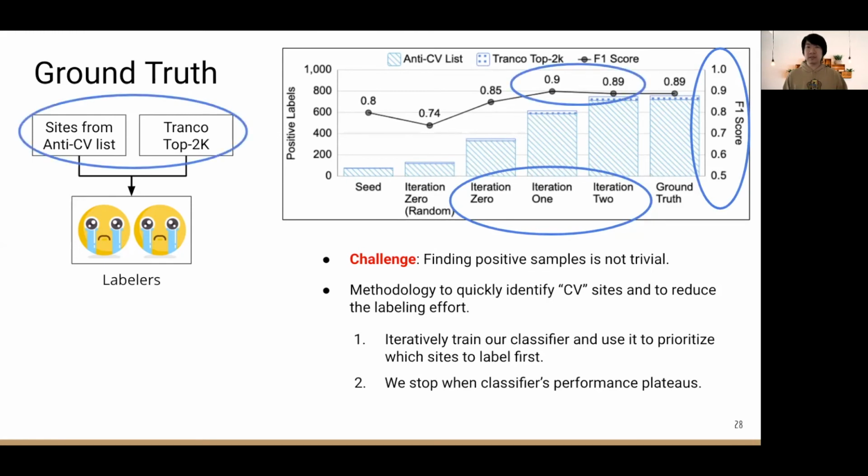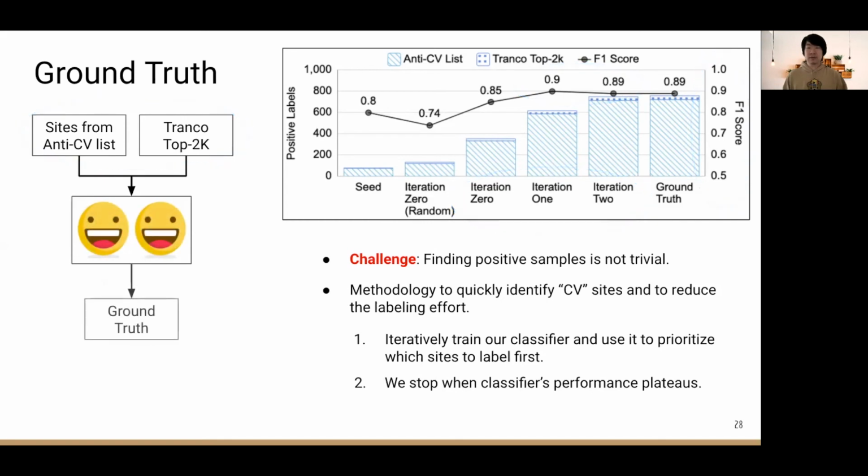This means we do not need to label all the sites within these sources. This makes the life of our human labelers much easier. So now we have our ground truth, and the result is we have around 1,566 sites of no CV. We call these negative samples. And then 755 sites with CV. We call these positive samples.